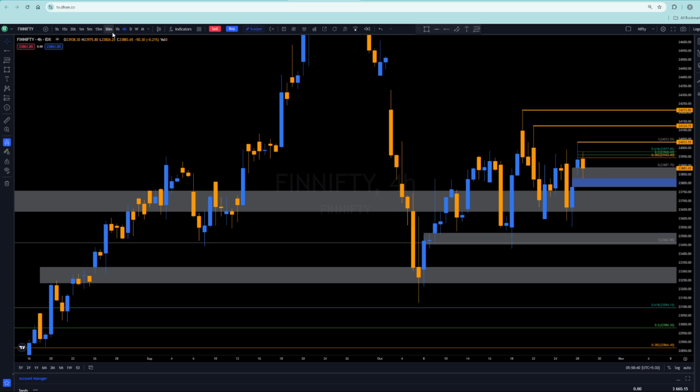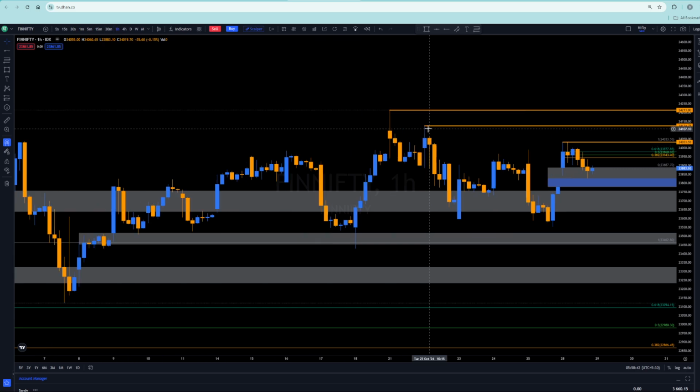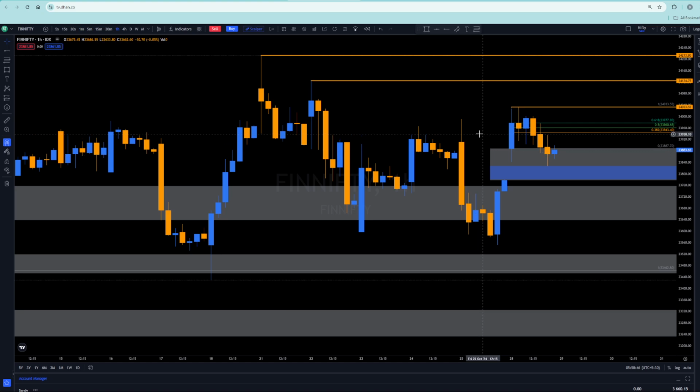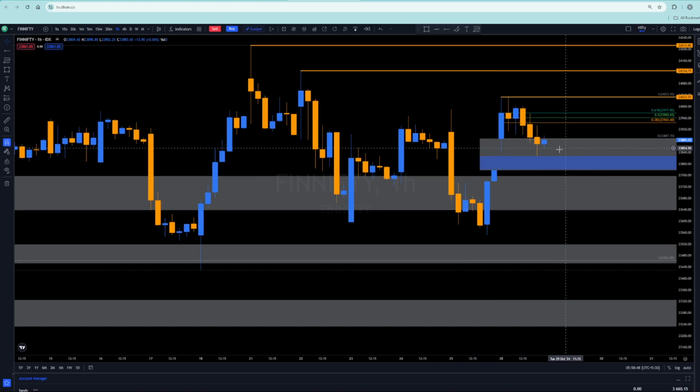Again, I'm not predicting anything. I'm just trying to see where the probability is higher and what those areas are. So the market is showing us that it's bearish, so take bearish trades. That's what we're going to focus on.